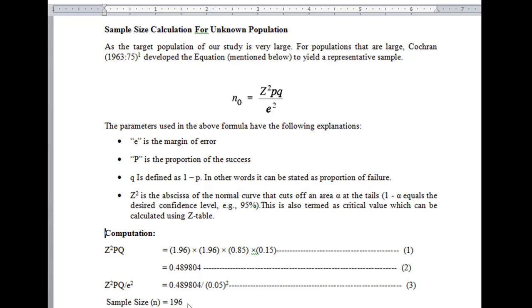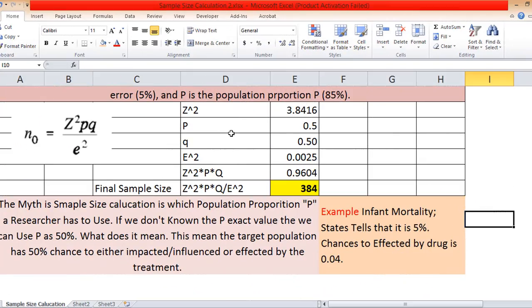So now we are going to check this computation in Excel, where we have developed this formula. So here is the Excel calculation sheet. You can develop this sheet and it will be very helpful for your future calculations. We have taken the example we discussed, where we have set P as 0.85, the prevalence factor.